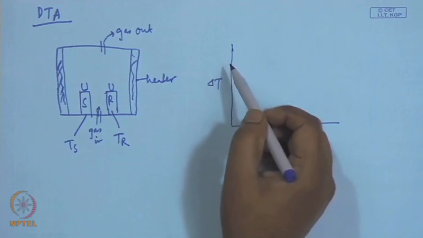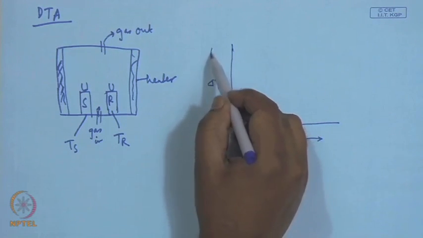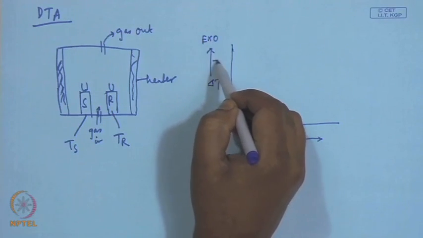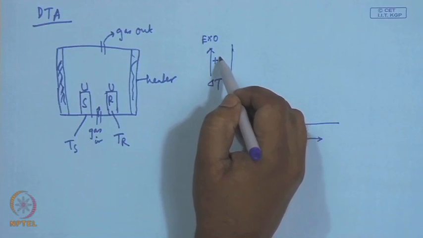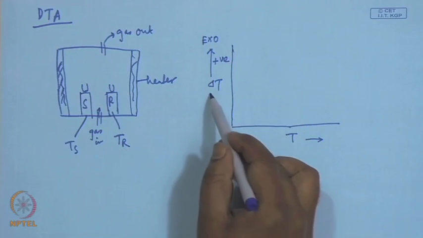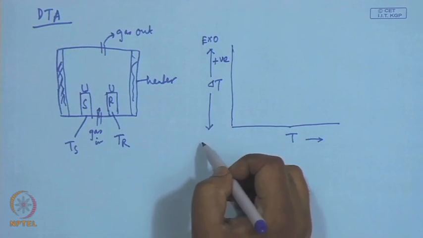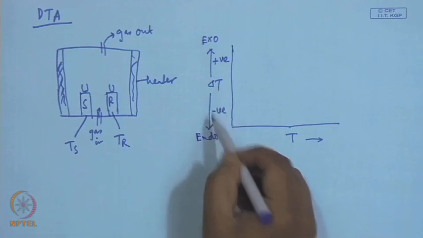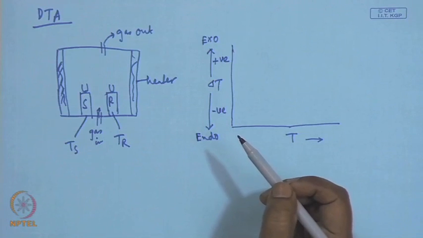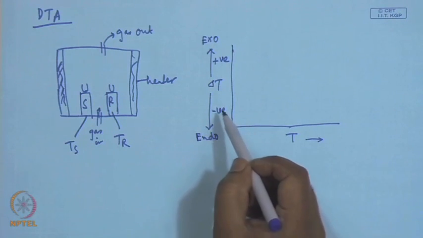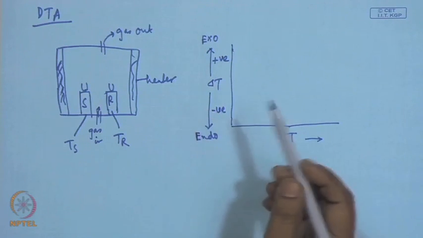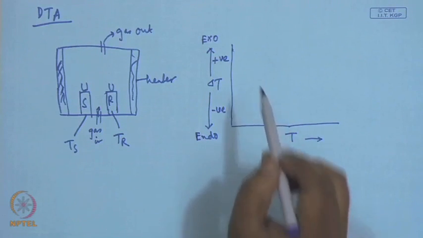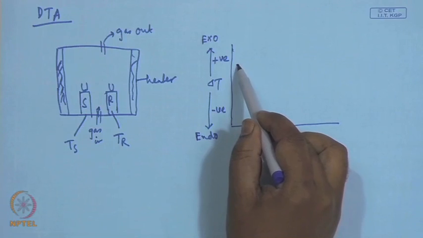If there is an exothermic process, delta T will be higher as a result of the increase in heat inside the sample. If there is an endothermic process, delta T will be lower relative to the reference, because you are supplying a constant amount of energy to the system.